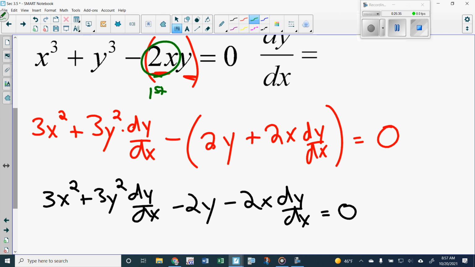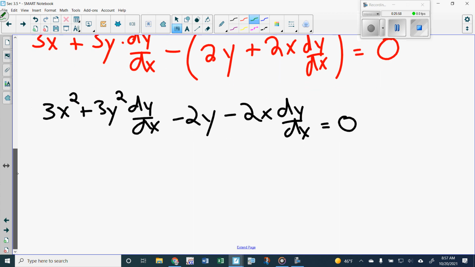This is the second. So, product rule. Derivative of the first, 2, times the second, y, plus the first, 2x, times the derivative of the second, which, the derivative of y is dy dx. Okay, that makes sense.